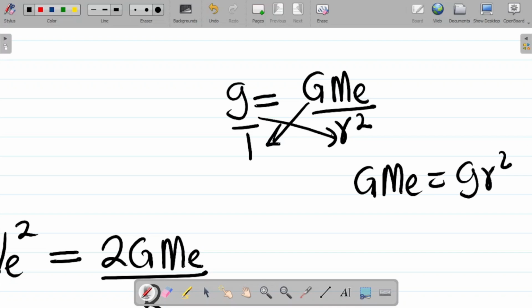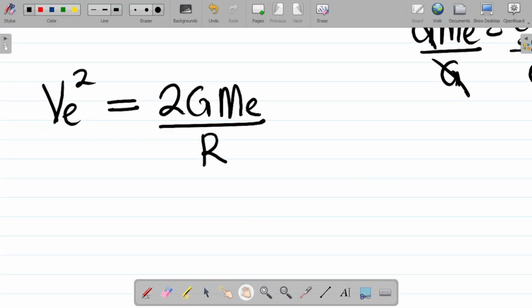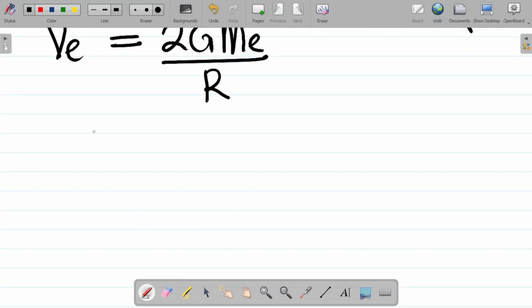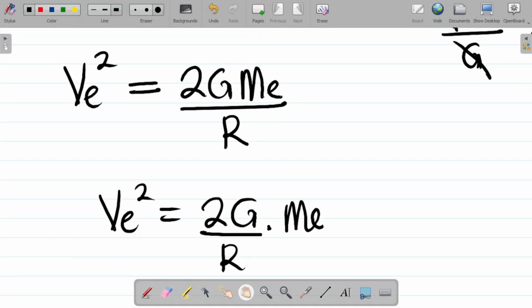Now, to get M_E, I divide here by G and also divide here by G. This cancels this, so M_E is equal to g R squared over G. So it means that V_E squared, escape velocity squared, is equal to 2G over R multiplied by M_E. This and the previous equation are literally the same thing.